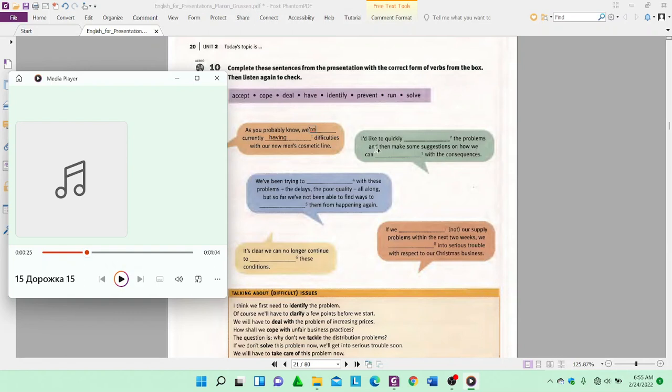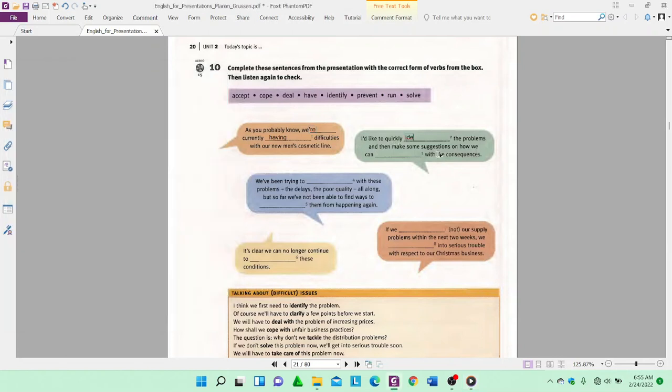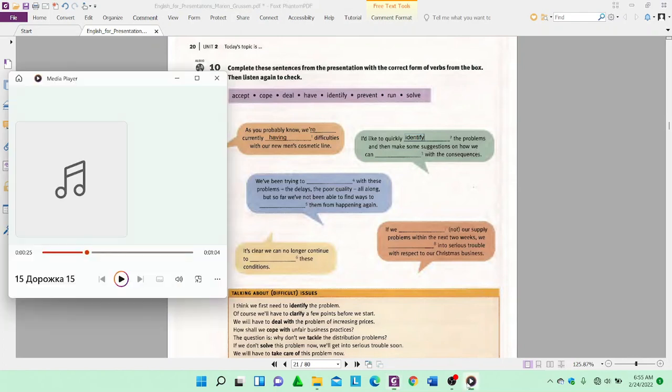Okay. I'd like to quickly, apa dia bilang tadi? Iya, betul ya, identify. Saya ingin dengan cepat mengidentifikasi the problems, katanya kan? And then make some suggestions on how we can apa? Lupa ya. Saya juga lupa nih. Let's rewind. And then make some suggestions on how we can deal with the consequences. Okay, dapat ya?